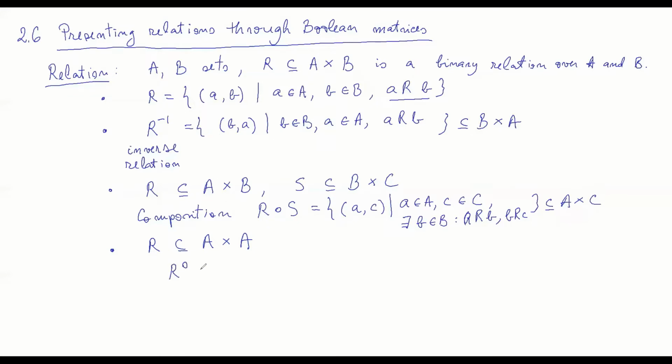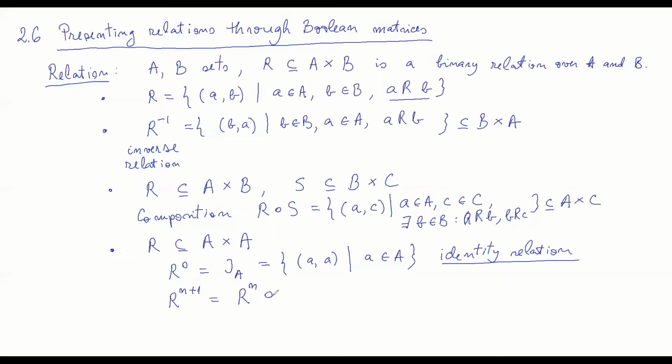So R to power 0, by definition, is going to be the identity relation, meaning this relation only has pairs of type (a, a) with a in A. So power 0 is defined by default to be the identity relation. And then in general, we will have R to power n plus 1 to be R to power n composed with R, for all n greater than or equal to 0.